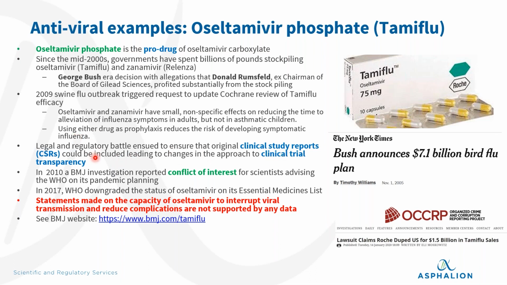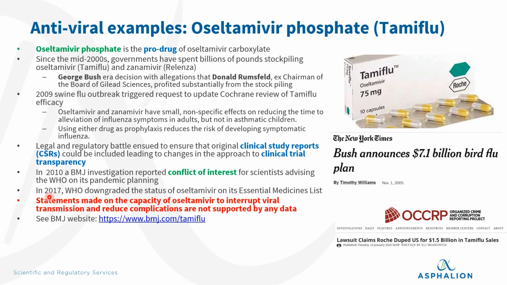There were further investigations on this issue, and in 2010, the British Medical Journal found that there was conflict of interest in scientists who were advising WHO at the time and recommending this drug for pandemic situations.